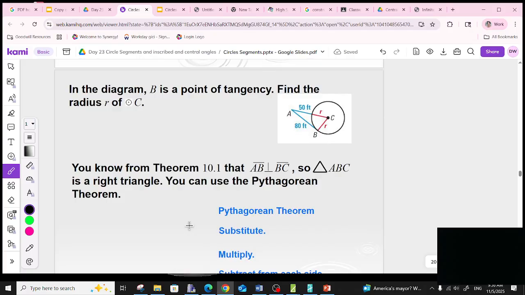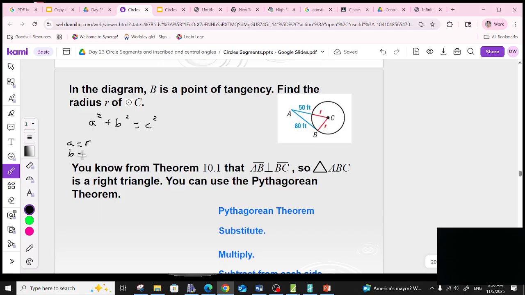Okay. This one gets a little bit tougher with the math. So I'm still checking a squared plus b squared equals c squared, right? A would actually equal r.